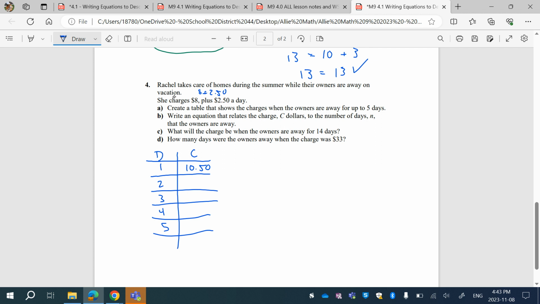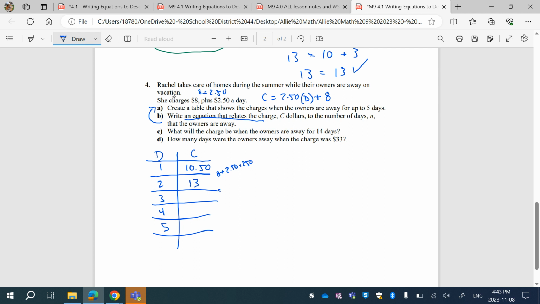You can think about writing an equation that relates to it. I've already kind of done this part. I'm thinking about it as the charge equals $2.50 times the day plus $8, which is our constant. So for 2 days, you have the $8 plus $2.50 plus $2.50. So $8 plus 5, essentially, which is $13.